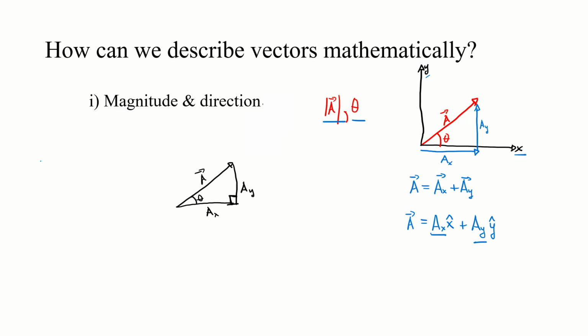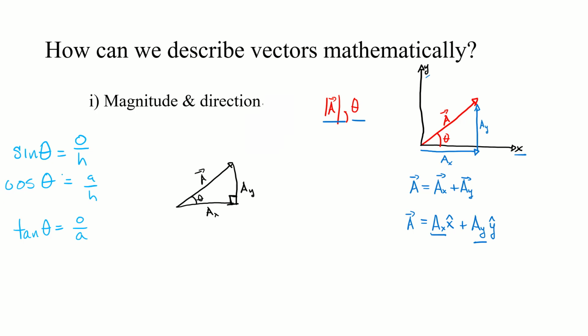If we remember our trig relationships, we have sine theta is equal to opposite over hypotenuse. Cos theta is equal to adjacent over hypotenuse. And tan theta is equal to opposite over adjacent, right?